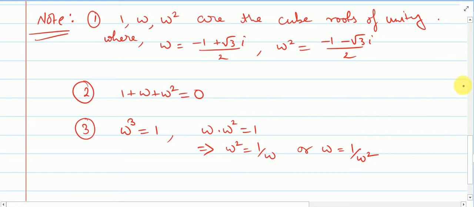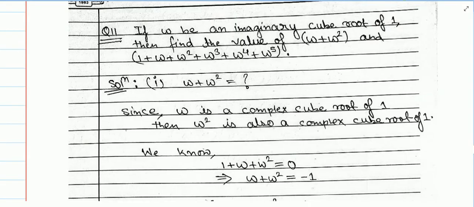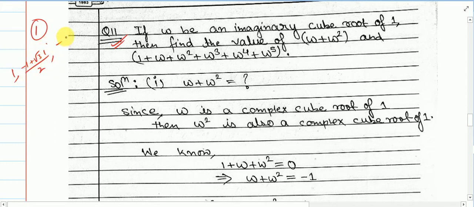And now let us see questions. So question number 11. Here it's saying if omega be an imaginary cube root of 1. Just now I explained that the cube roots of 1 are 1, then one will be minus 1 plus root 3i upon 2, another will be this.